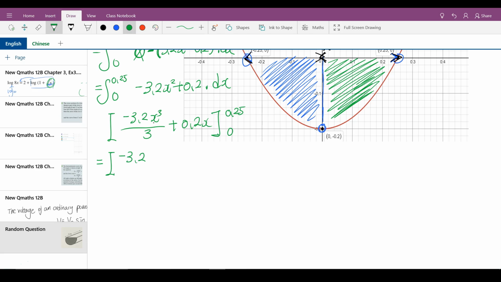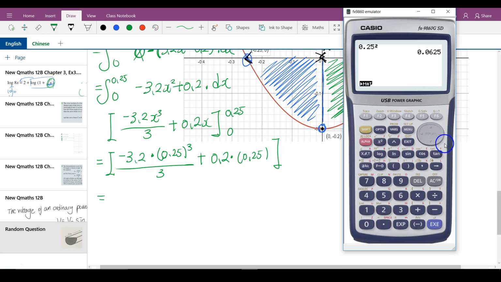Negative 3.2 multiplied by 0.25 to the power of 3 all over 3 plus 0.2 multiplied by 0.25. Let's key in ISA.